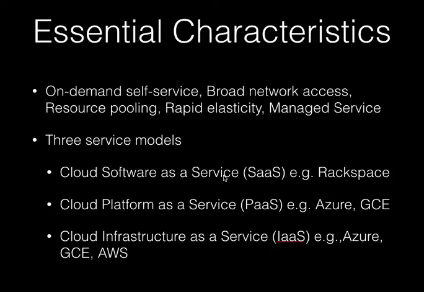As I called out before, on-demand self-service, broad network access, resource pooling, and rapid elasticity are a few of the essential characteristics. And there are several service models. I believe, but this is my opinion and I don't have any proof for that, that those service models will converge in some ways in the future. But we're going to call them out anyway.